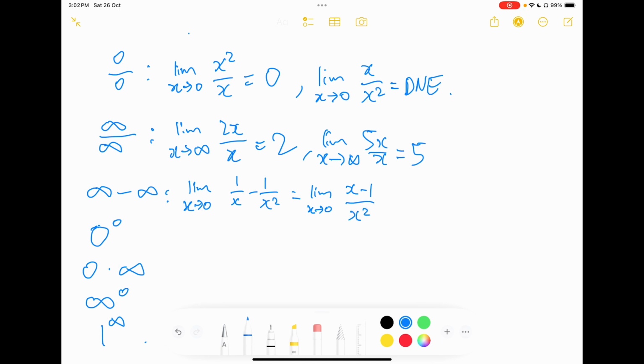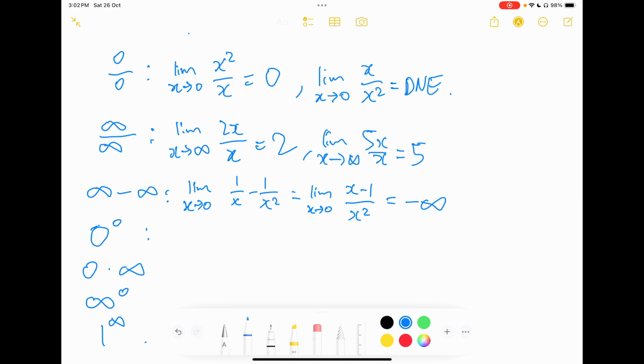And you will find that this value is negative infinity, because for small positive values of x, because of that negative 1, the function will be negative. And then for arbitrarily small negative values of x, it will still be negative because the x squared value on the bottom is always positive and the top will just be more negative, right? So it approaches negative infinity either way.